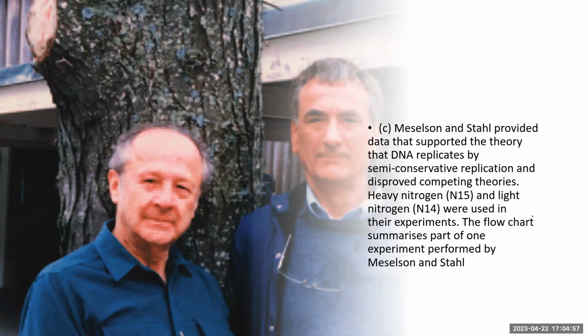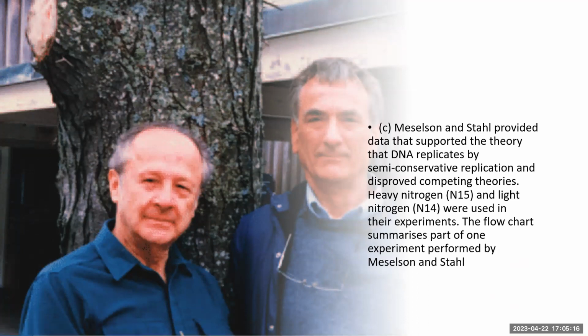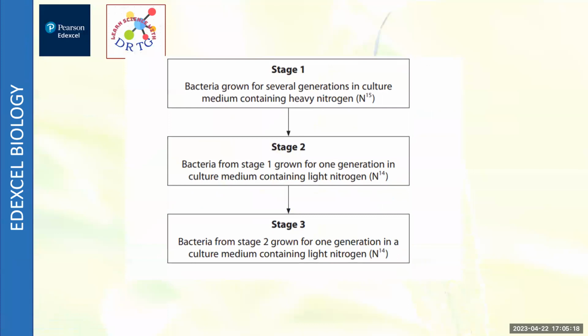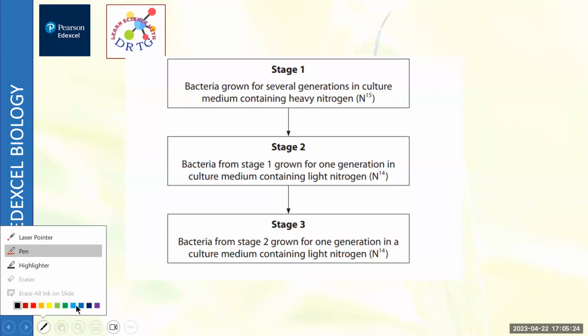These are the two guys. I think we talk about the Meselson-Stahl experiment. So this is a picture of these two guys about the semi-conservative experiment. Stage 1, stage 2, and stage 3. I think you should be very familiar now.